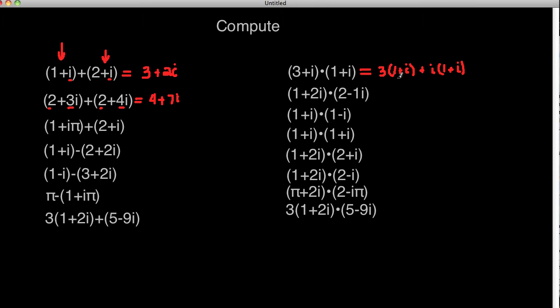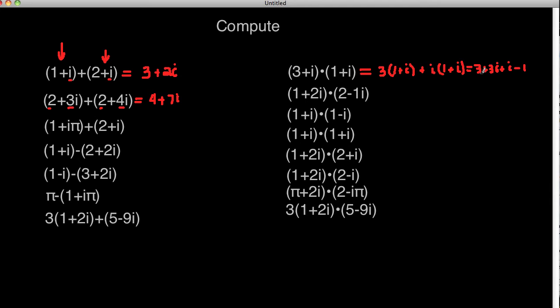Okay, so let me do this. I have 3 times 1 is 3. 3 times i is 3i. So this thing can be written as 3 plus 3i. And here we have i times 1 is i, and then i times i is negative 1.